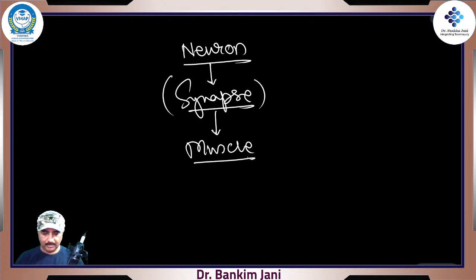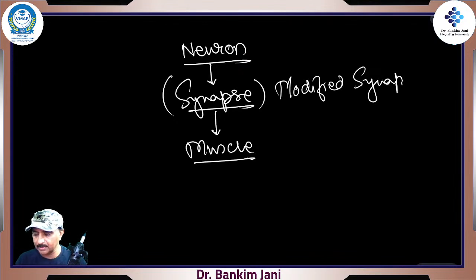So this synapse, when we say neuromuscular, is a sort of modified synapse. That means there is a small difference between both of them.